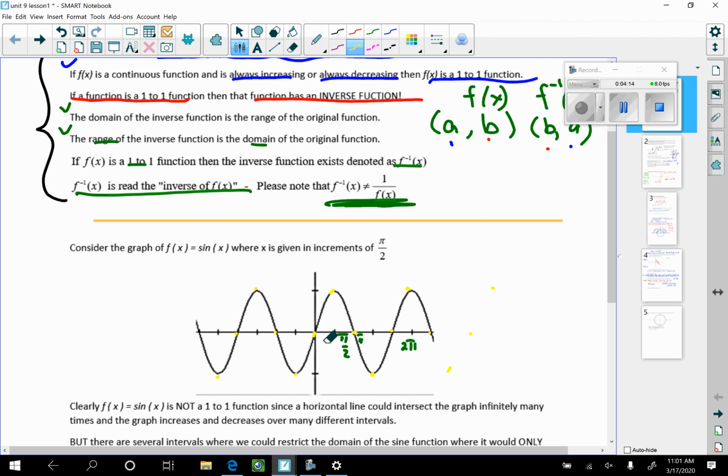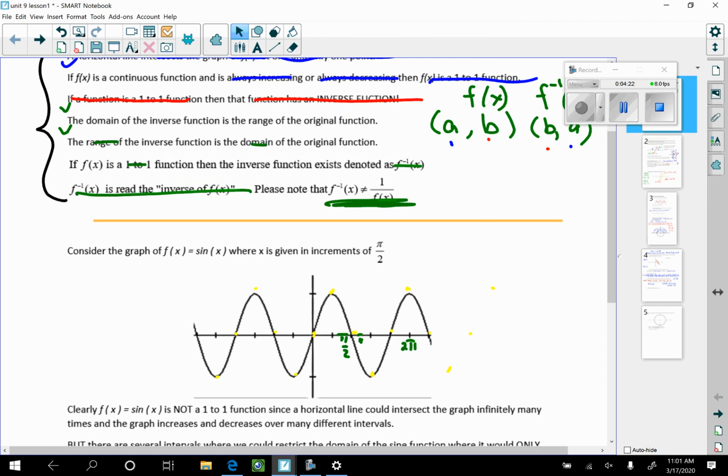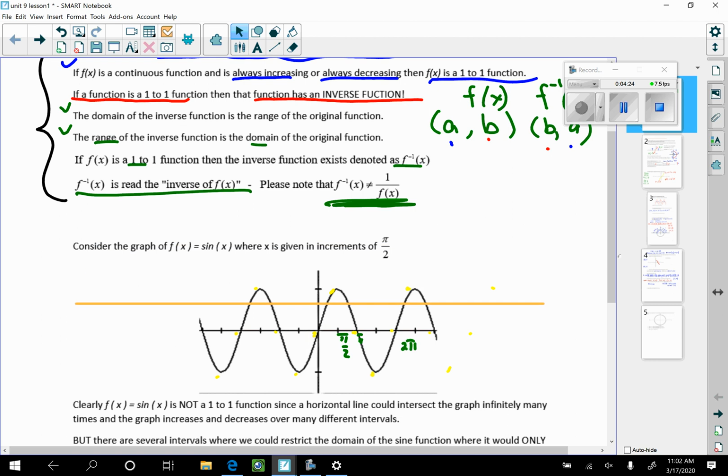If that's the case, and it is indeed the case for the graph of sine of x, if I grab this horizontal line, there's no way on earth that sine can have an inverse.